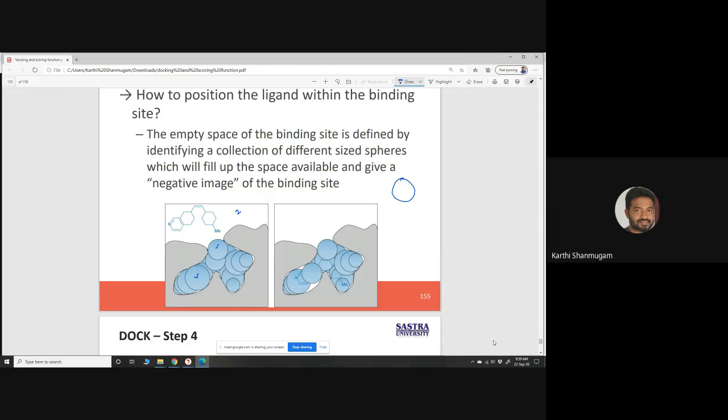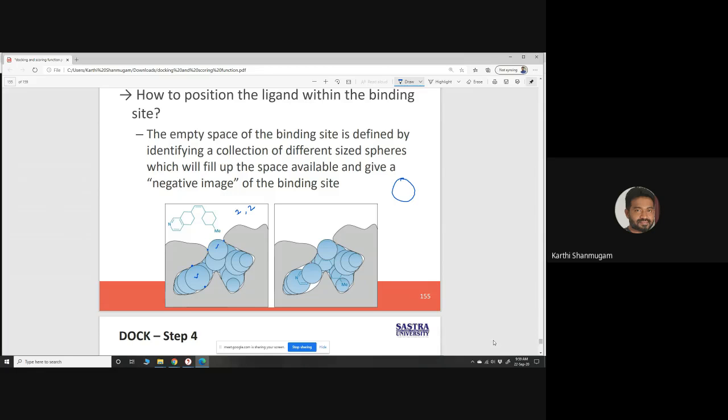Can I say it is making contact at this position? And at this position? So how many total contacts? Two, right? Now look at any sphere inside the binding site.